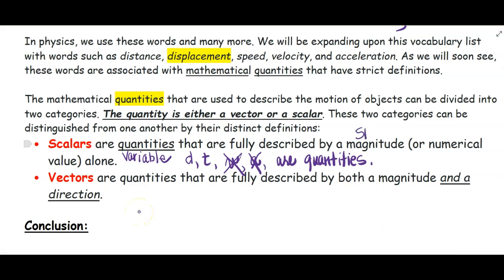Magnitude means size. The way you've heard this word the most is, it'll say earthquake magnitude 7.6, like the recent ones in Turkey, where one was 7.6 and the other was 7.4. Very large earthquake magnitudes. So the word in general means size.